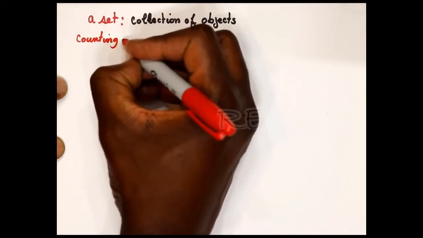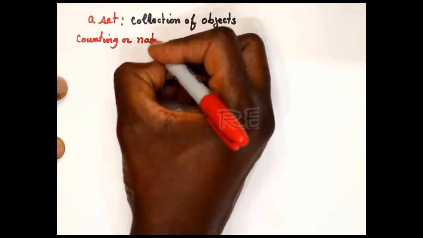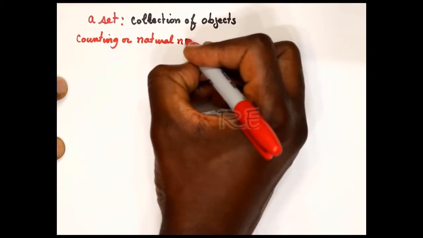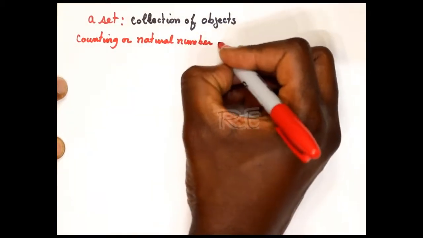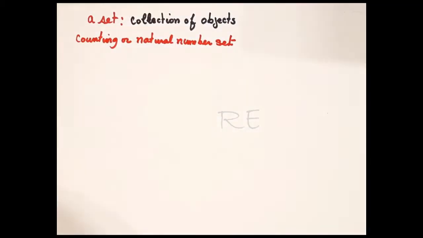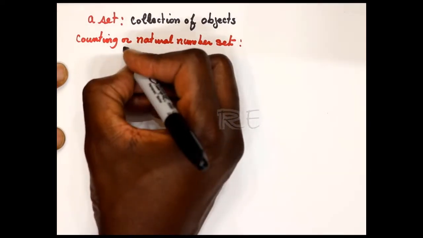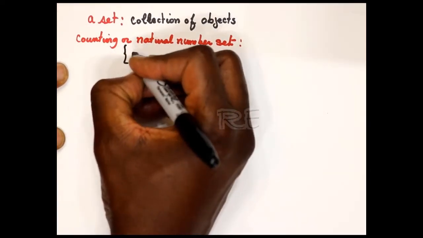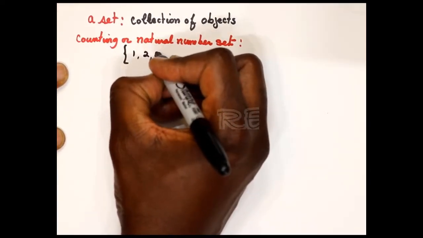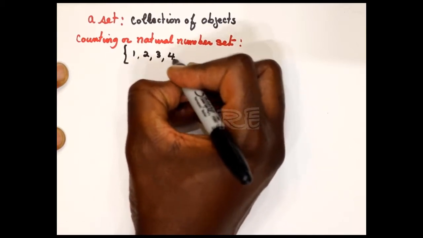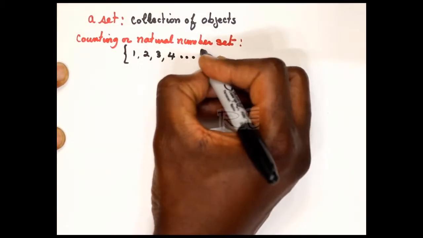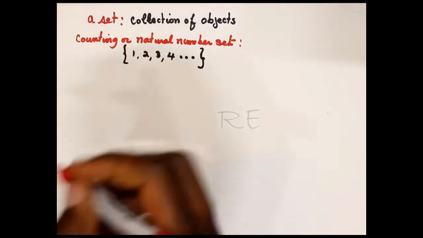Counting numbers or natural numbers is the first set that we've learned. So the counting numbers set is composed of curly brackets, 1, 2, 3, 4, ellipses, which means that it goes on forever.